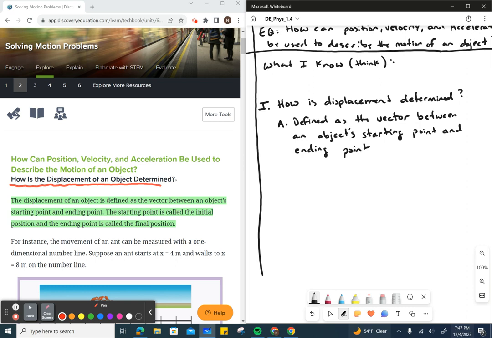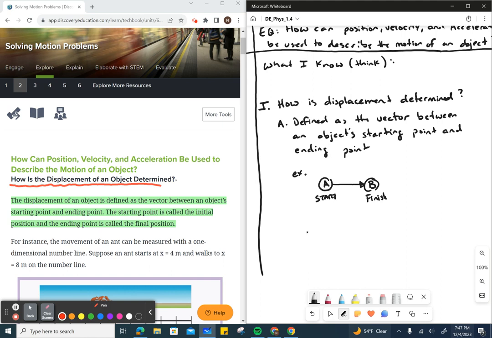So, an example. If I were to say that point A is my starting point, maybe this is my home, right? And I say that I went to a point B where I finished. Then my displacement would be from A to B. That's the displacement.